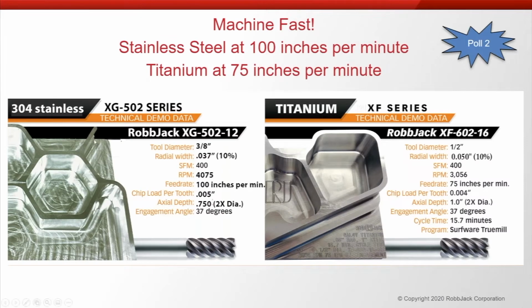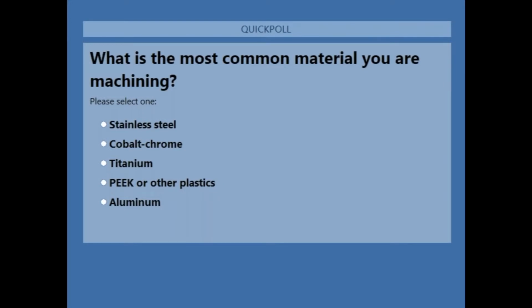So here's two examples. And Dennis, if you want to do that second poll, you can do that now. Okay. So I'm doing: what is the most common material that you're machining? So Mike, before we continue on, let's give everyone about a minute or so to respond to this poll. Perfect. What is the most common material you are machining?